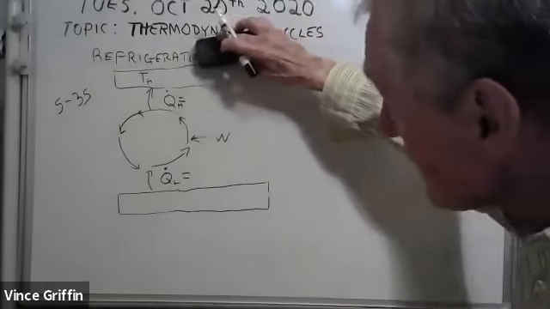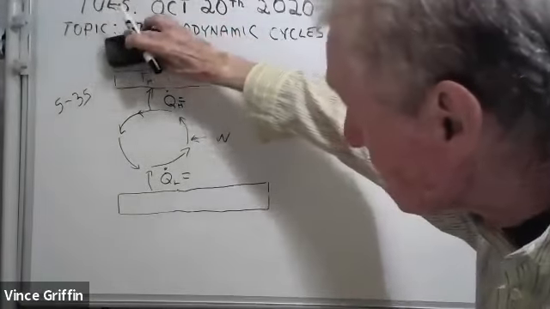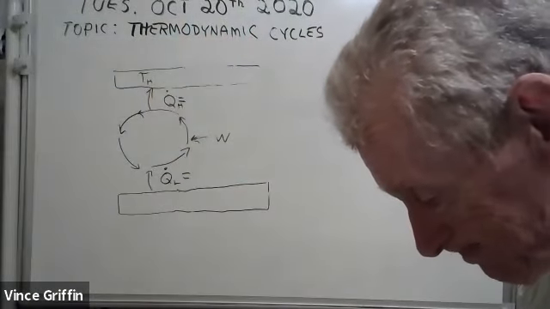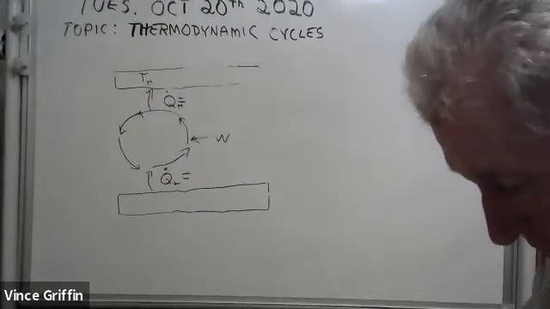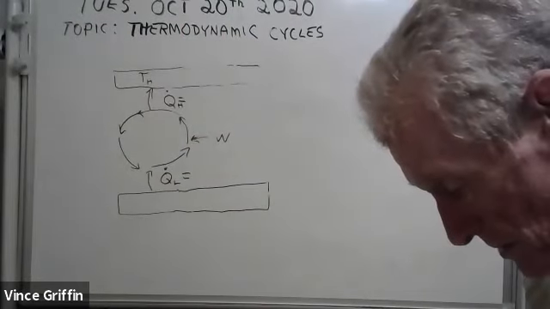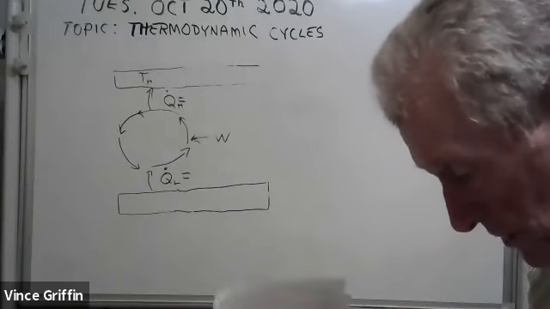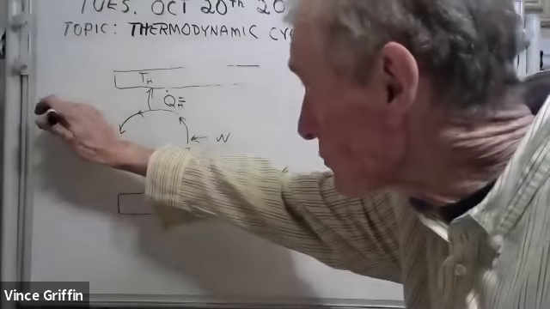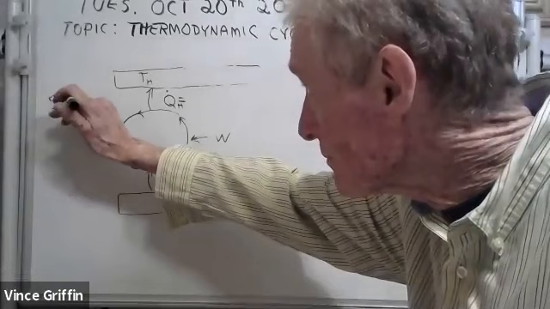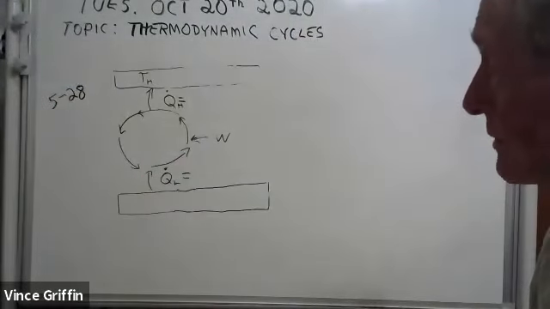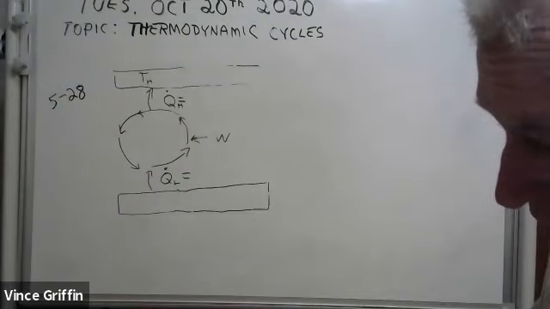Now we're going to do the heat pump cycle. And we're going to do a problem. Let me see if I can find it here. Heat pump cycle. Yeah, this is problem 528. Now here's the thing on the heat pump cycle.